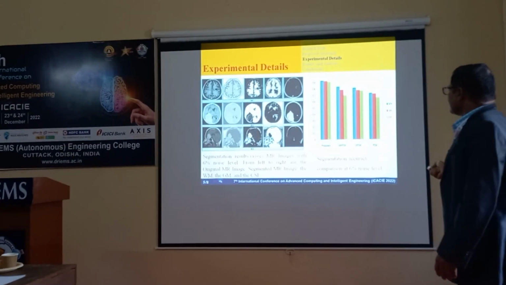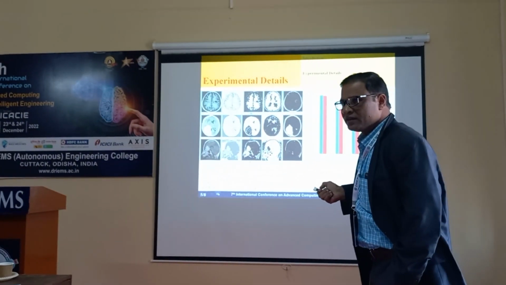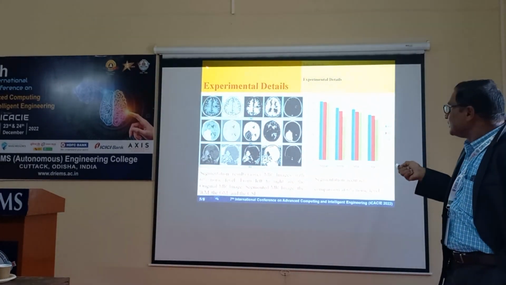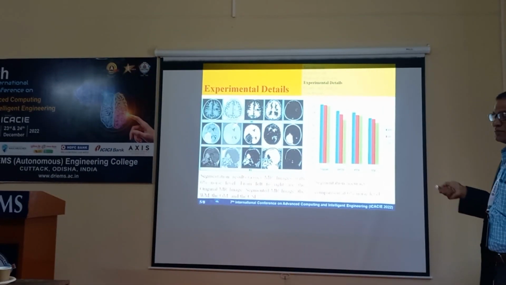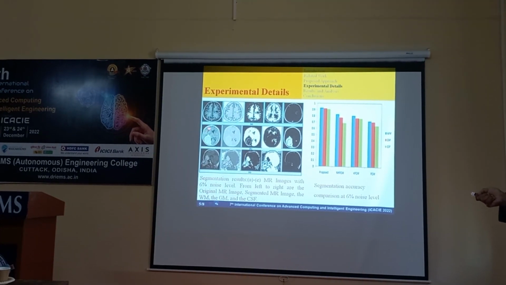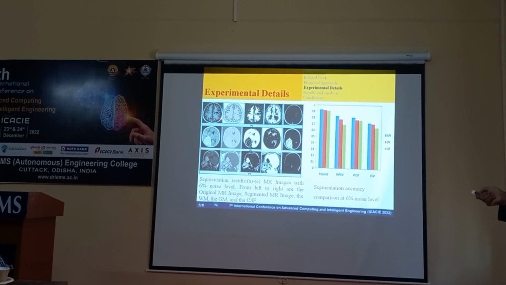Sir, one question. For the images, have you done the image segmentation marking to identify which is white, which is gray? Yes. Just see this image. This is one MR image, the first image. Here I have added some noise, a 6% noise level.